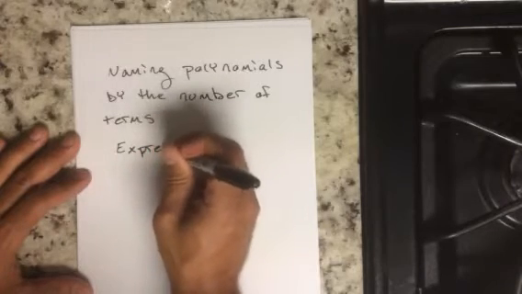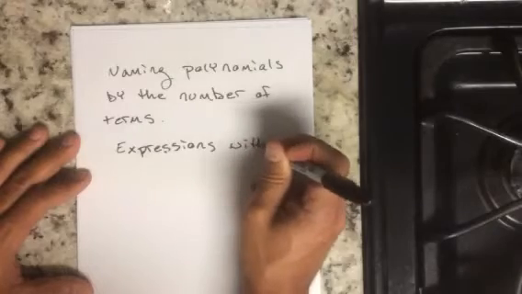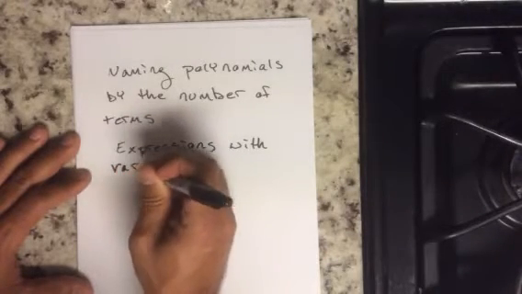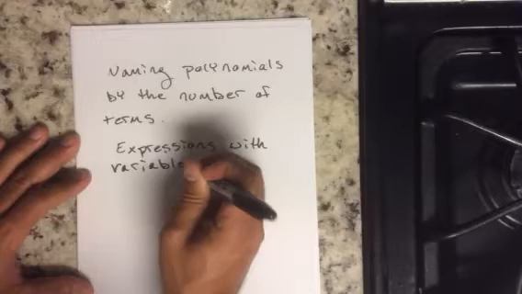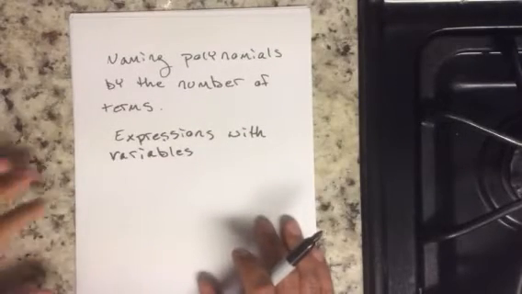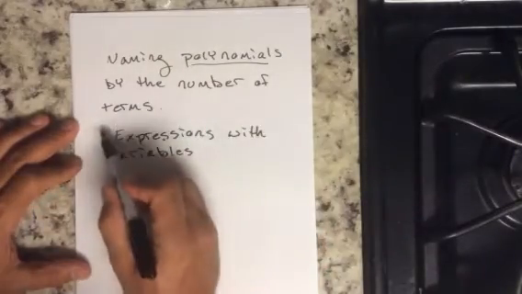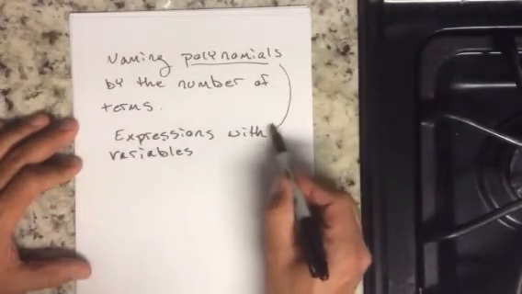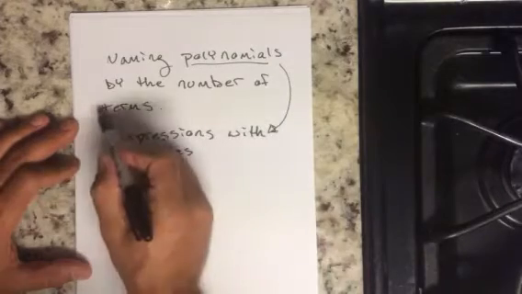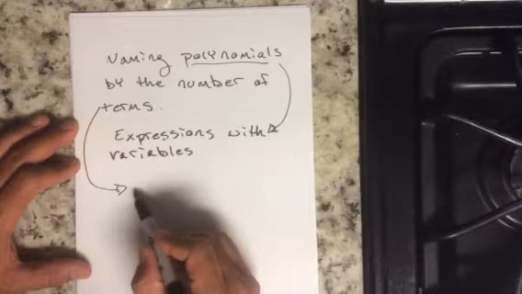Expressions meaning it doesn't have an equal sign. So we're going to do naming expressions with variables, which is what polynomials means, by the number of terms. And terms are anything separated by addition or subtraction.